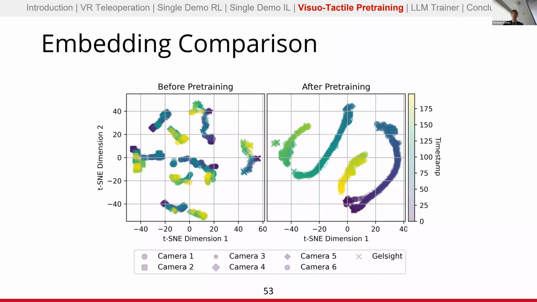Additionally, what you can see here is that we form two distinct clusters, with the lower cluster corresponding to time steps where the USB isn't grasped, while the upper cluster corresponds to times when the USB is grasped. And in fact, you can see in that lower cluster two distinct subsections, one showing before grasp and one showing after grasp. So this shows that in addition to aligning our embedding spaces, we also forced our encoders to learn some task relevant features, in this case, whether or not the cable is grasped.